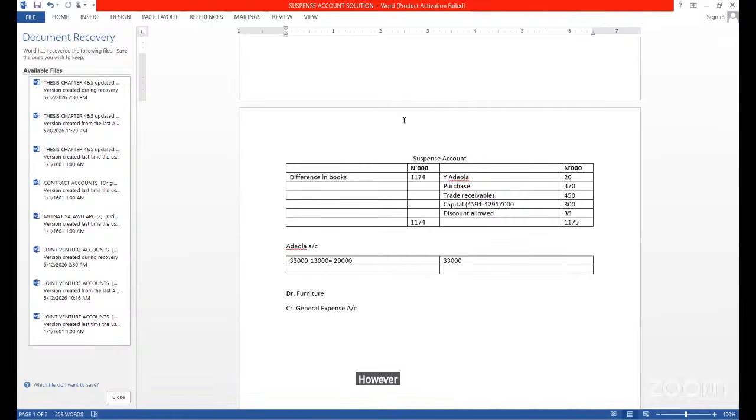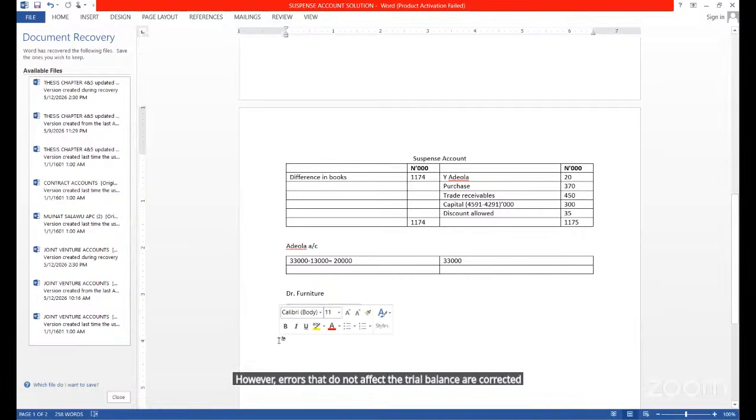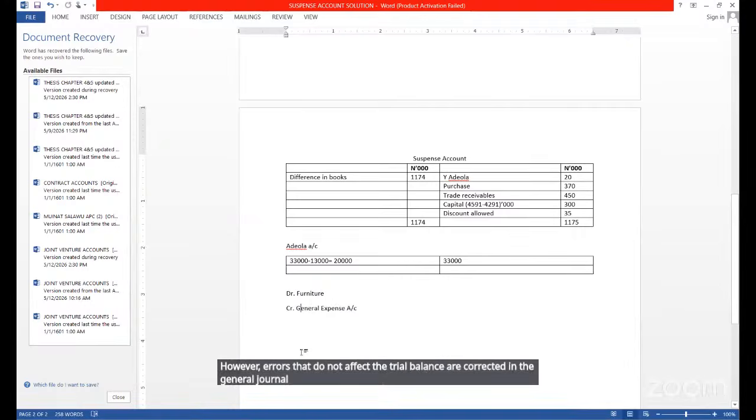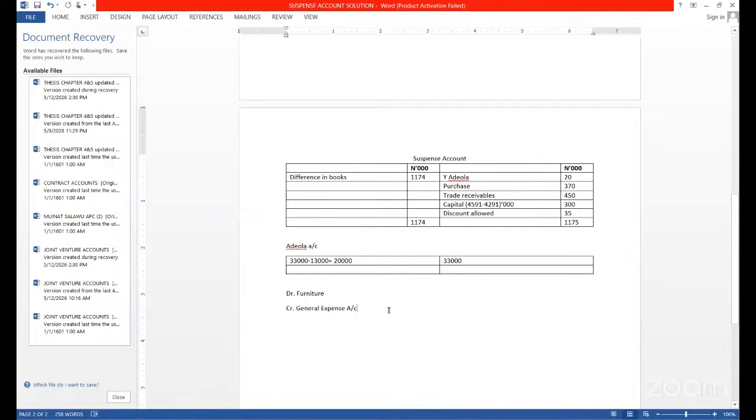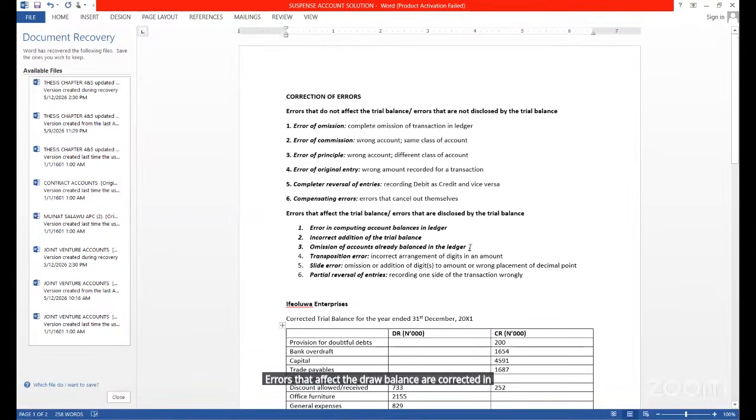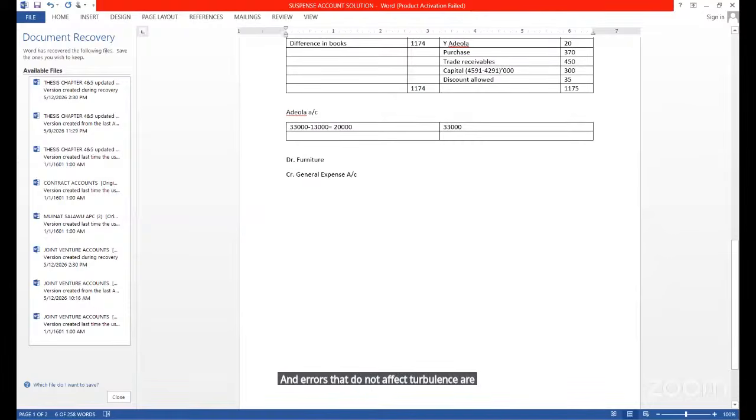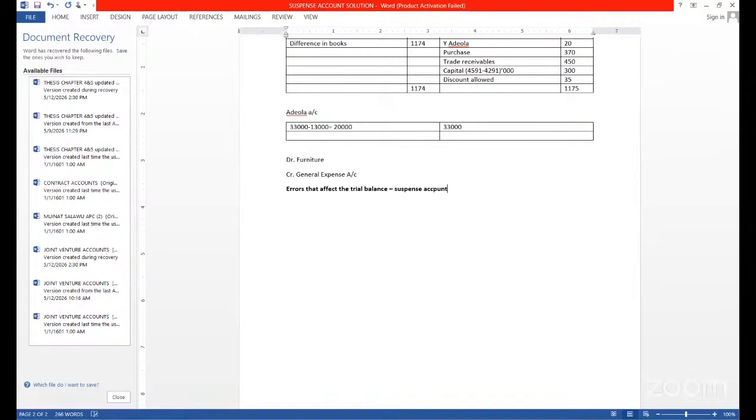However, errors that do not affect the trial balance are corrected in the general journal. So I want to put it down so that you would have it.